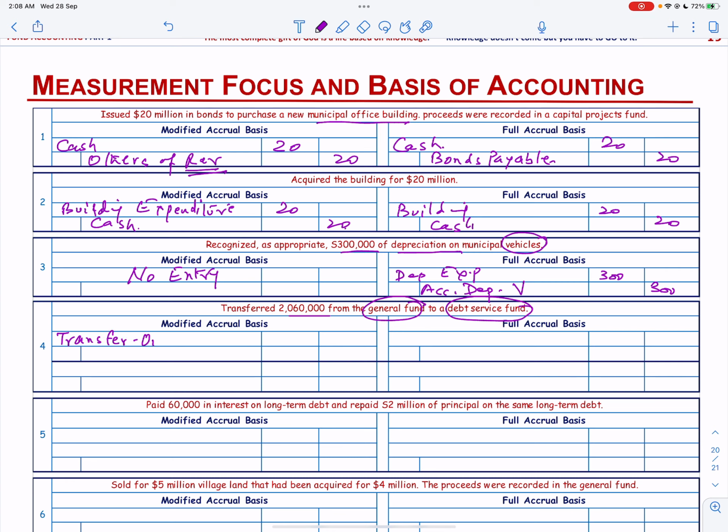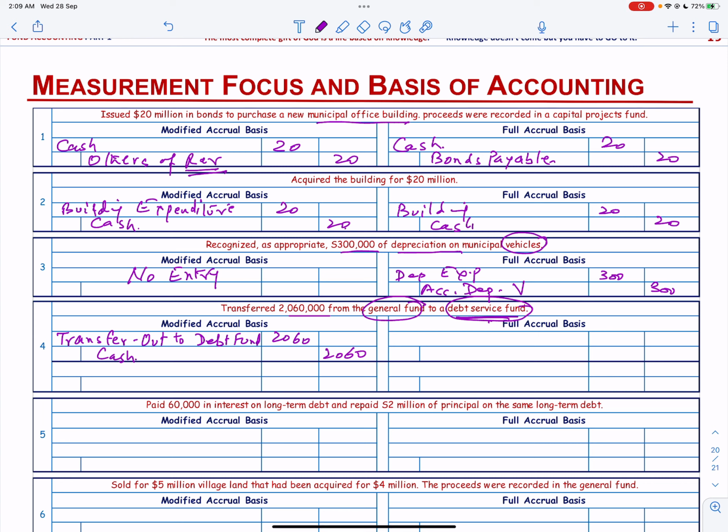Transfer out to debt fund, debit for 2,060,000, and cash is credit for 2,060,000. And the second will be to add the money to the bank. So now the debt service fund has received the money.